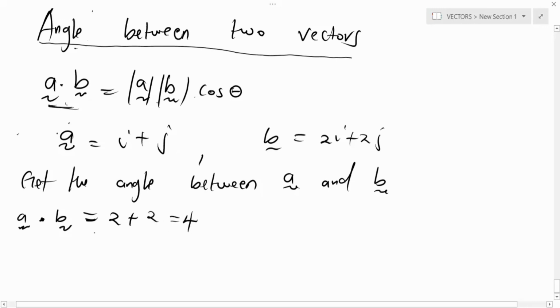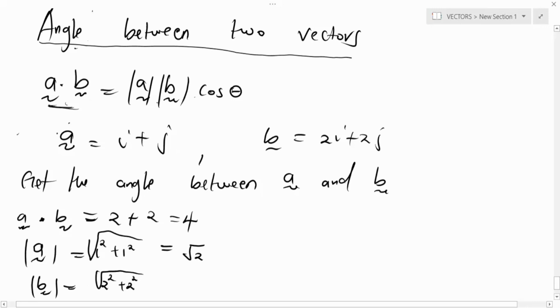So this gives us 4. What is the modulus of A? It is the square root of 1 squared plus 1 squared, which is 1 plus 1, that is 2. So this will give us root 2. And the modulus of B is the square root of 2 squared plus 2 squared, which gives us 4 plus 4, so that's root 8.